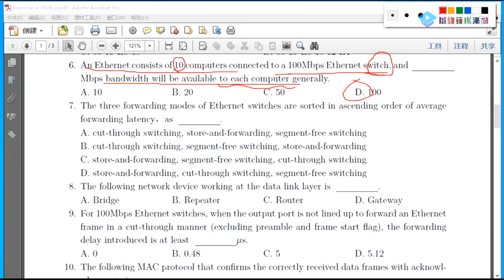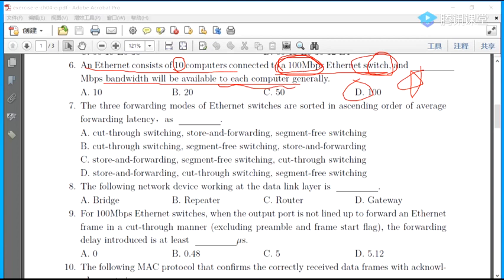Switch means each computer can get 100 Mbps bandwidth.